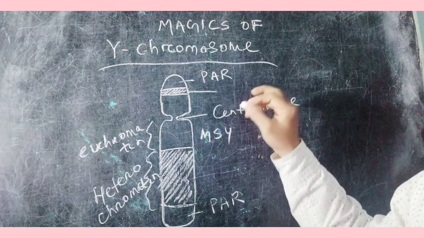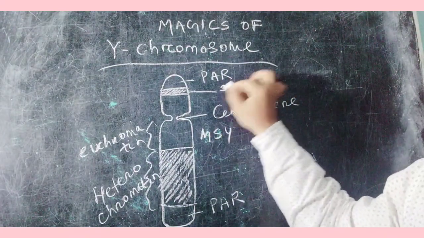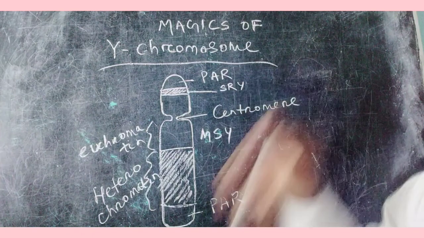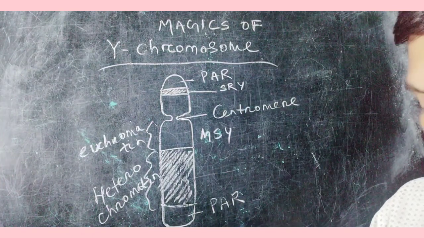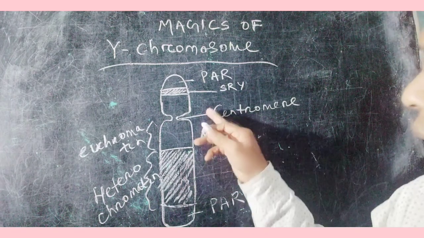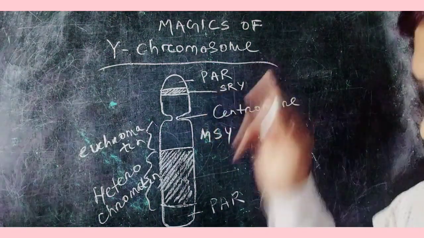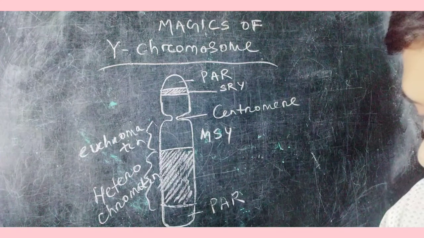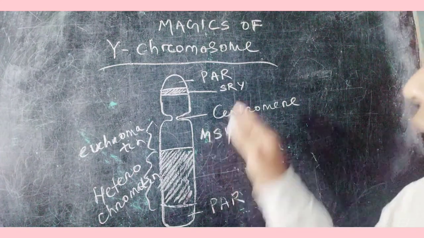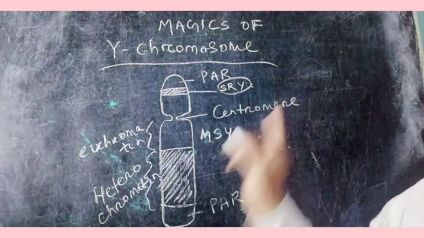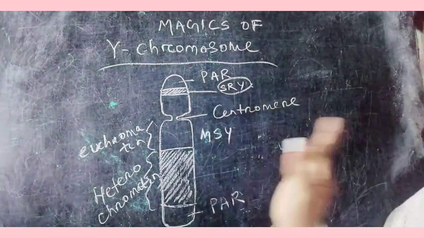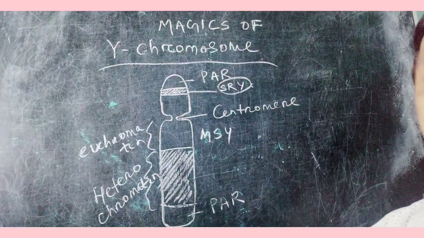This gene is called the SRY gene, which is called the sex determining zone of the Y chromosome. This is the centromere, this is the SRY part, and this SRY, remember, we will discuss in detail about all these zones. These are the different zones.